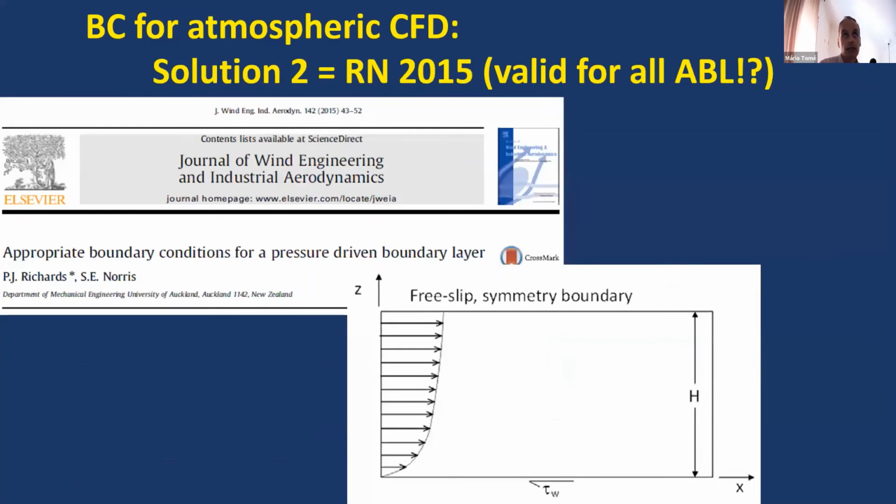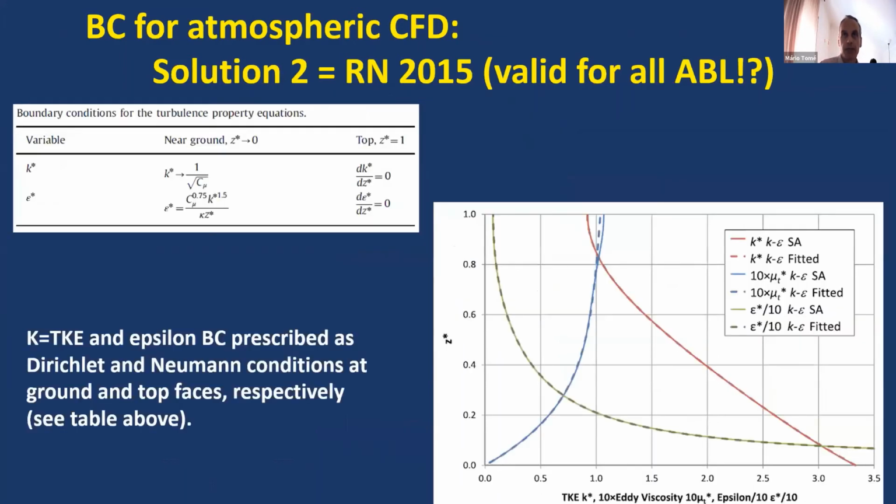The second set of equations assumes other physical assumptions, namely that the shear stress in the atmosphere decreases linearly with height.